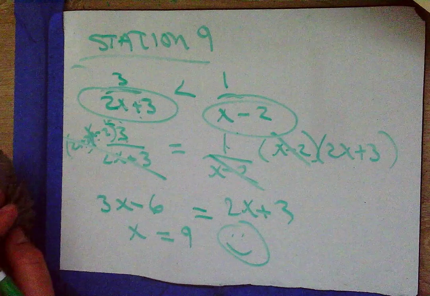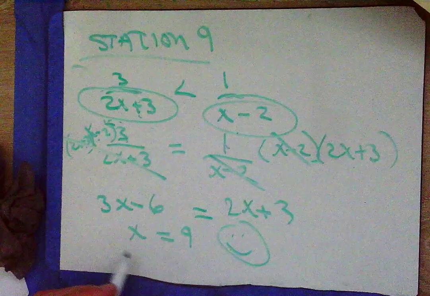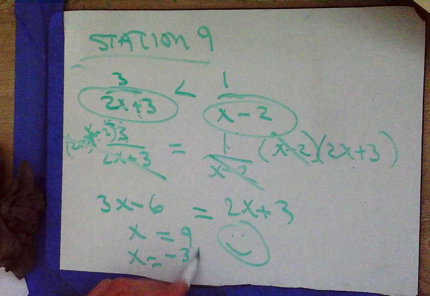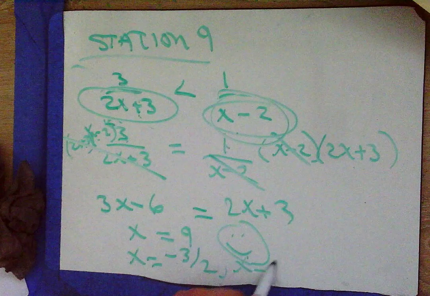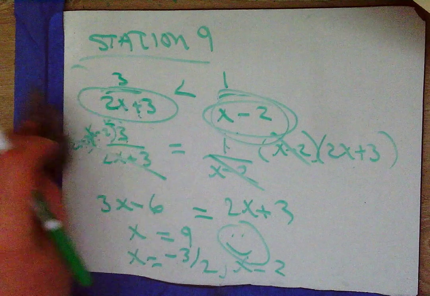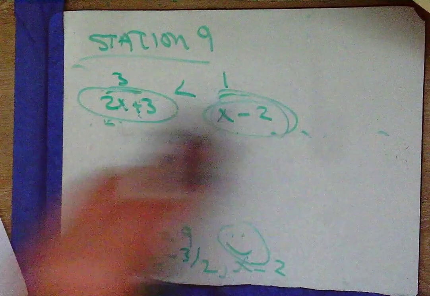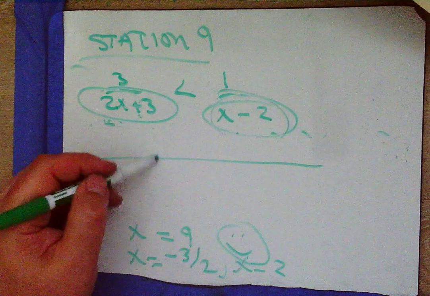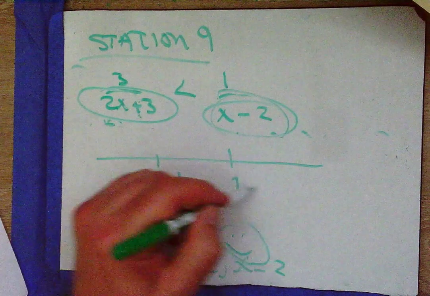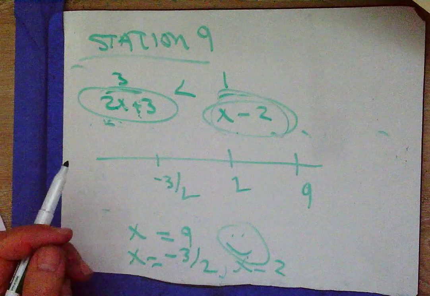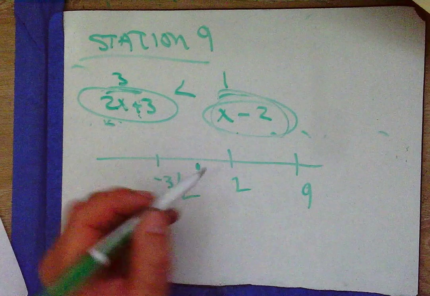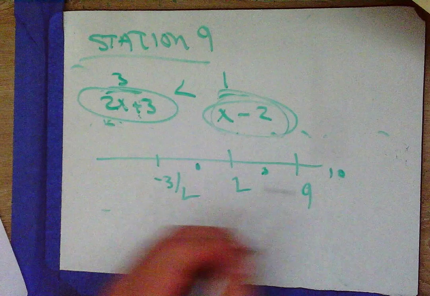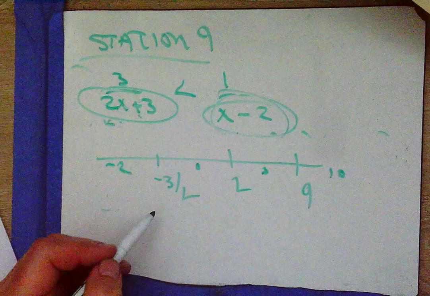So I actually have 3 critical numbers here. This one makes x equal -3/2, and this one makes x equal positive 2. Okay, so let's get our number line going. We've got negative 3 halves, we've got 2, we've got 9. Those are our three critical numbers. And let's test intervals with 0, with 3, with 10, with negative 2.